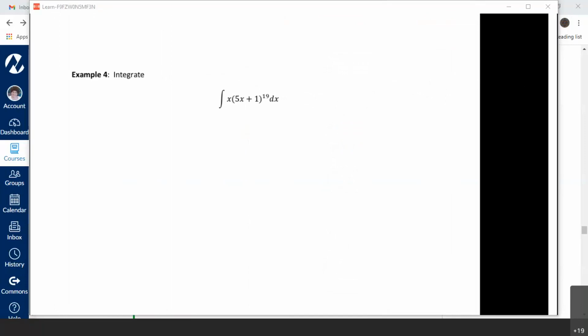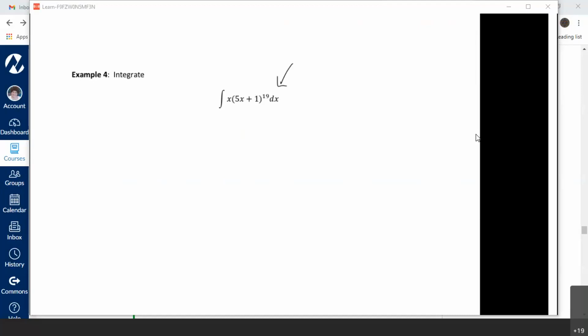Take a look at these two functions. What types of functions are these two? Anybody have any thoughts? Yeah, I got a linear and a linear raised to a power.